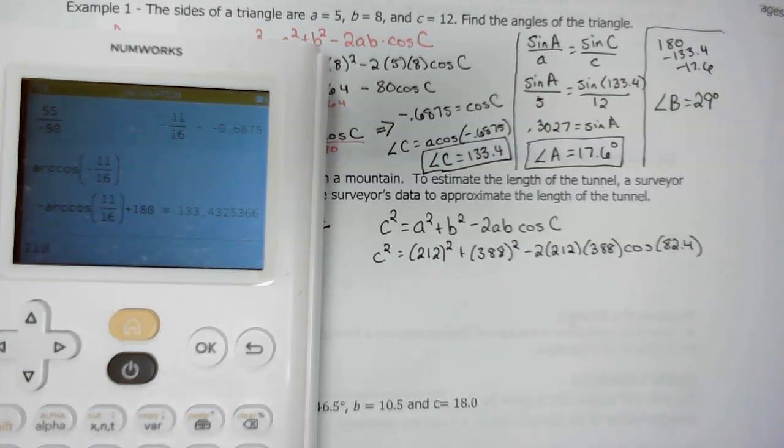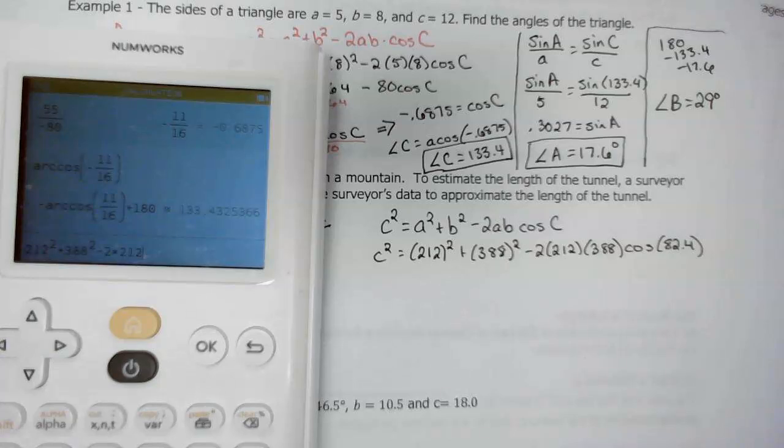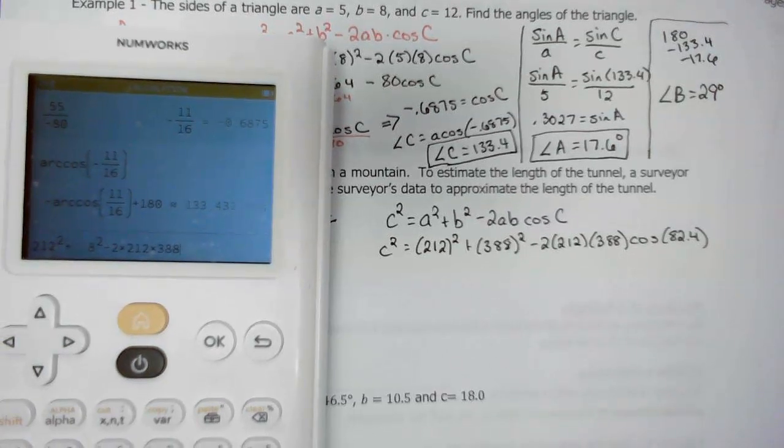So 212 squared plus 388 squared minus 2 times 212 times 388 cosine 82.4.